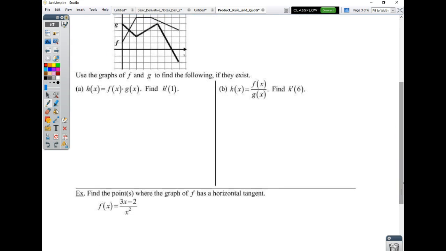Which one do you want to look at, A or B? B? I like B. B's got the beautiful quotient rule built into it. All right. K of x is defined as f of x over g of x. Find k prime of 6 given the graph above. So how can I write k prime of x?